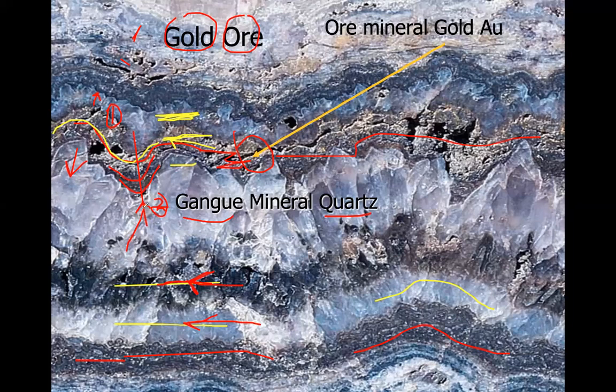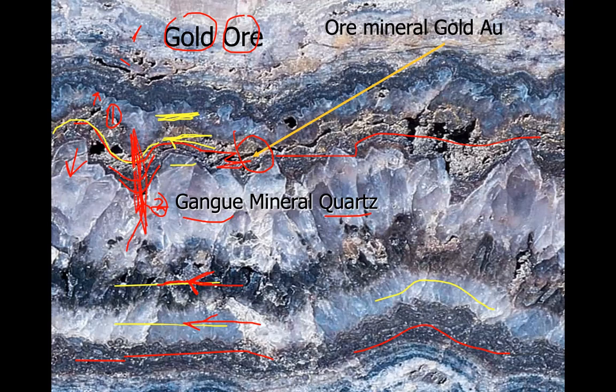Because this region is a weak region, it can even form cracks later. Along that, some hydrothermal solution may penetrate, or another magma may come in and crystallize along there. So you can see such mineral deposits will cross-cut the earlier deposit, the earlier layers.